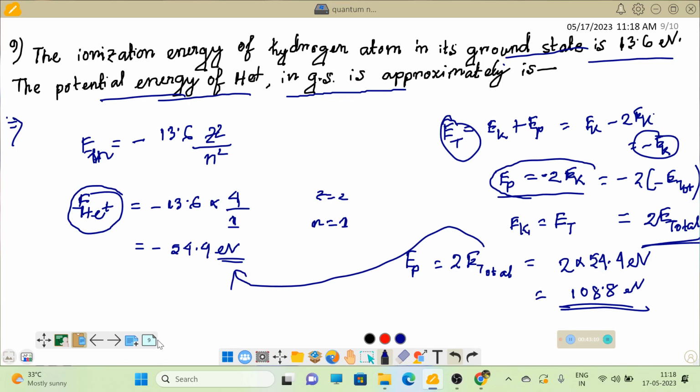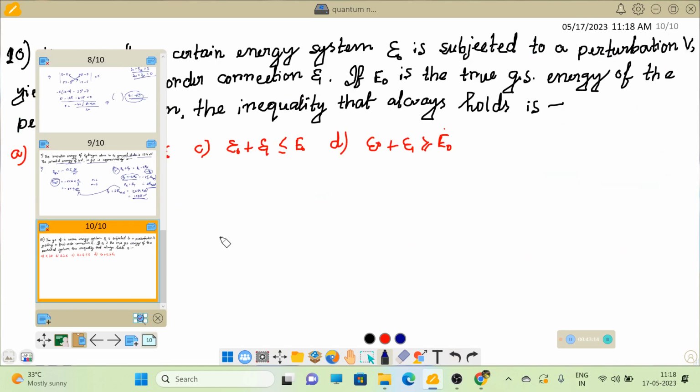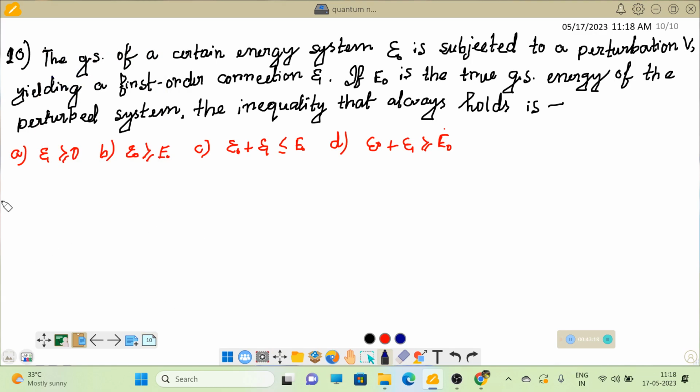Now only one question is remaining, it is the final question. This also has some tricks, I will tell you the whole thing. Okay, read the question carefully. Here, as I think you wrote the question, we are doing correction yielding first order correction E1, and E0 is the ground state energy.